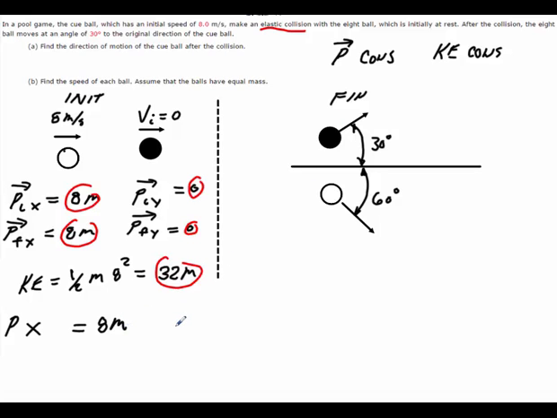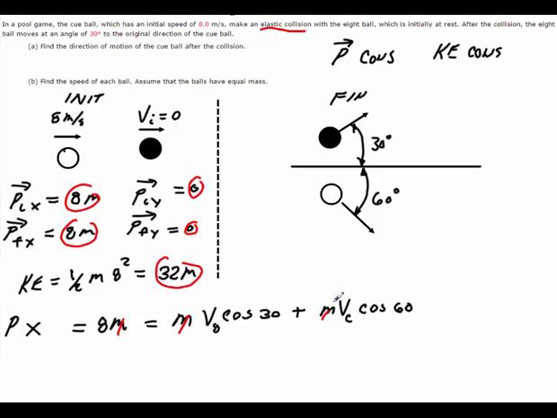So we go back to this, and can we not say that this mass, which is just going to be m, times the velocity times the cosine of 30 degrees, plus this mass, and I'll make this a velocity of the cue, times the cosine of 60, again is equal to 8m. Now our masses are going to cancel out.